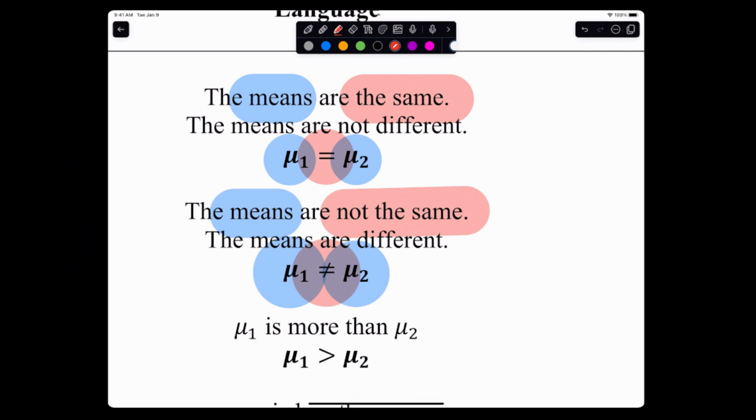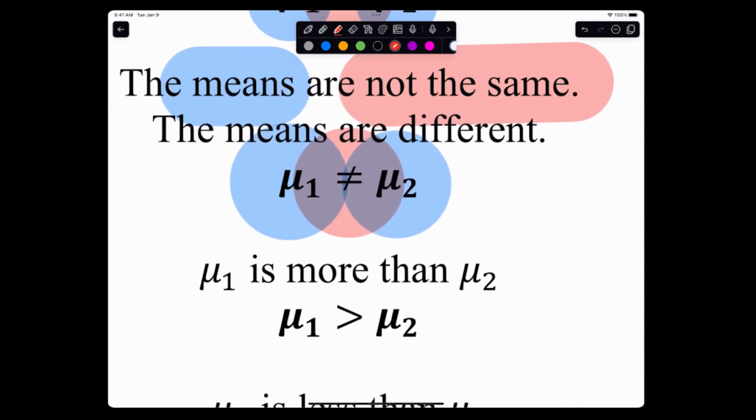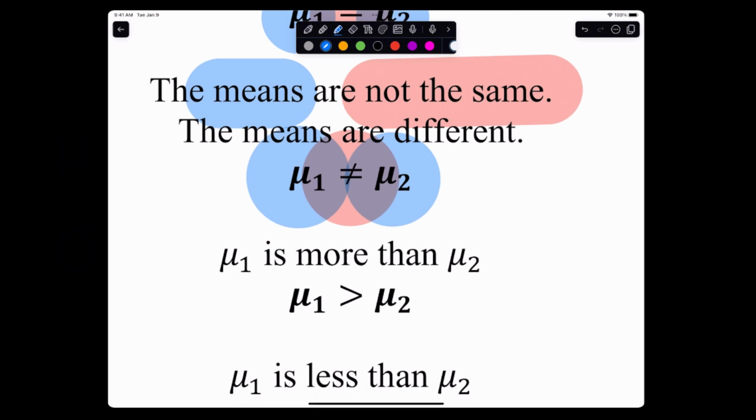It's not equal. And again, when they say that the means are different, what does it mean to be different? Not equal.